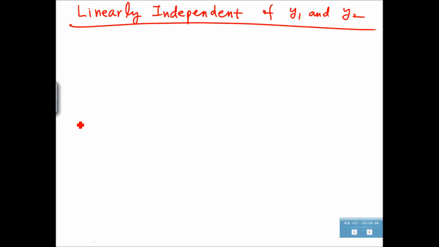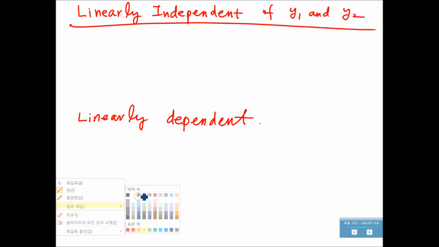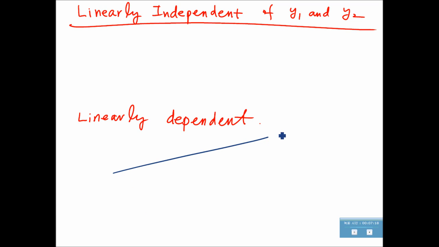Then you have to first understand what linearly dependent is. Let me visualize it. If the y1 and y2 functions are linearly dependent, this is what's going to happen. I'm just visualizing a linear function.